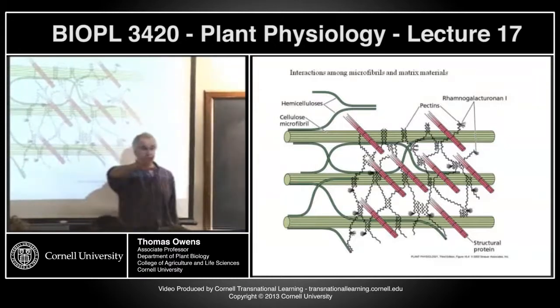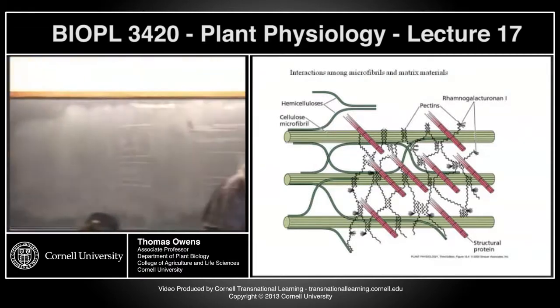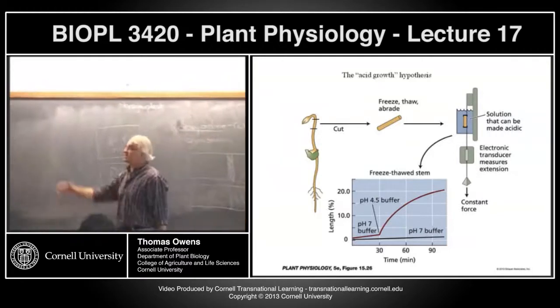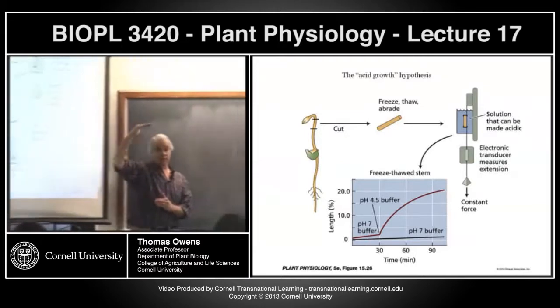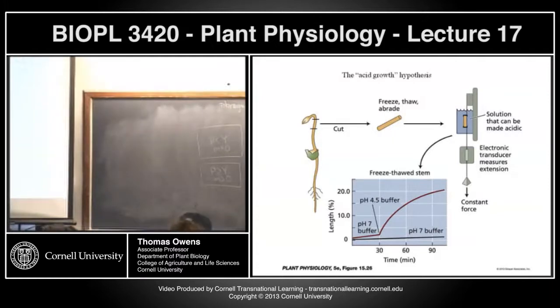I don't want you to answer it now. I want you to think about it from a chemical perspective. Clearly it does. This experiment tells us that nothing more than acidification of dead cells allows the cell walls to stretch, to expand. Okay? And for a long time, plant physiologists thought that was it.